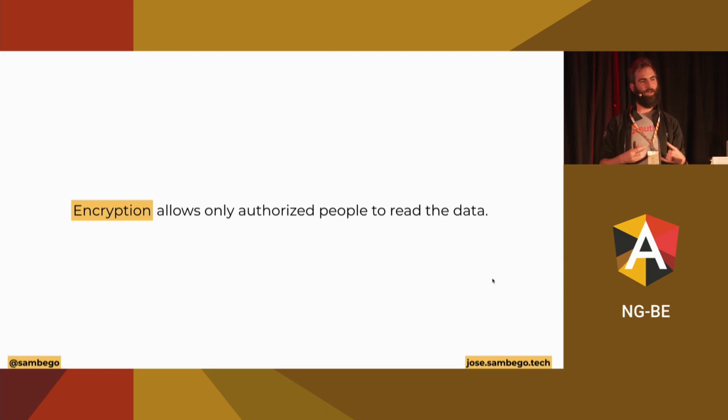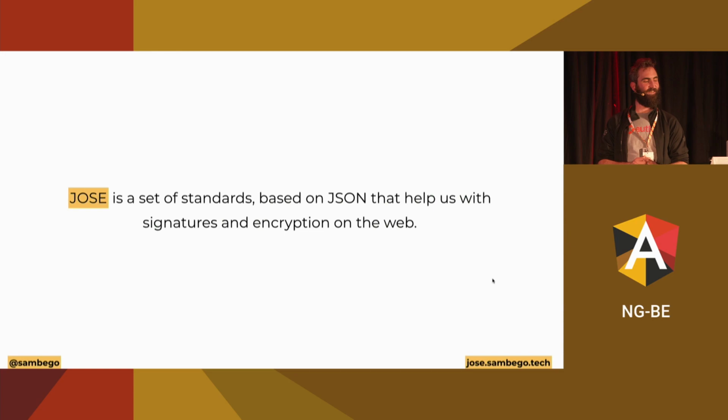Only if you have the right public key, private key, or the right secret key, you would be able to decrypt the message, and anybody else who doesn't know those credentials would not be able to read the message. And JOSE is a set of standards based on JSON that helps us deal with signatures and encryption on the web. It helps us serialize them in a compact way so we can send them quite fast over the internet, or it helps us to serialize them in a JSON way so we can use them much more easily with our programming languages.